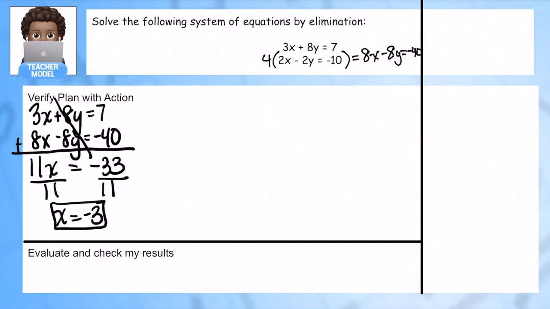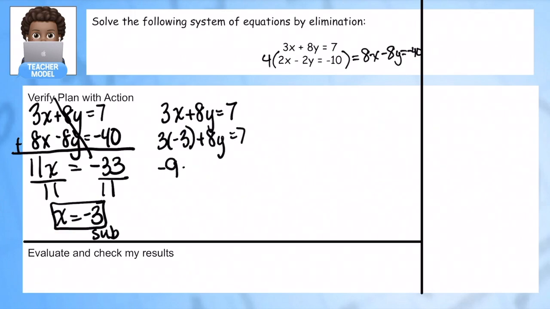So now that I have this, this is where I'm going to make a substitution. So I'm going to choose one of the equations: 3x plus 8y equals 7. So 3 times negative 3 plus 8y equals 7. And I'm going to solve for y.